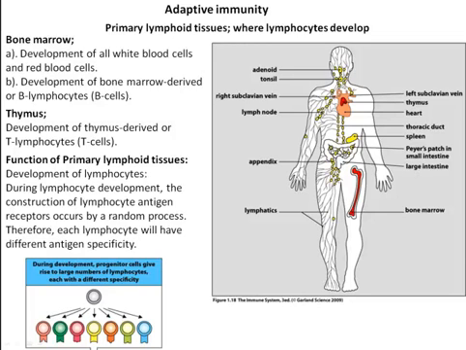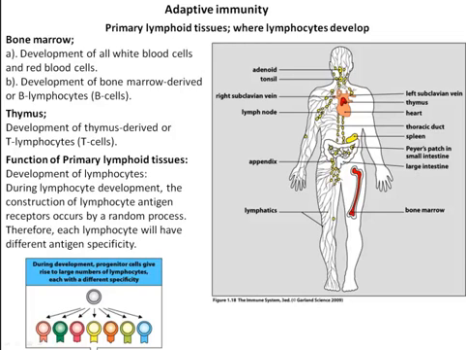So the body will maintain millions of lymphocytes. That's due to the daily production of B lymphocytes from the bone marrow and T lymphocytes from the thymus. The body will maintain a homeostatic level or number of lymphocytes, each with their own individual antigen specificity, such that we'll have a bank of lymphocytes available so that we can make an adaptive immune response to any pathogen that we could ever encounter.